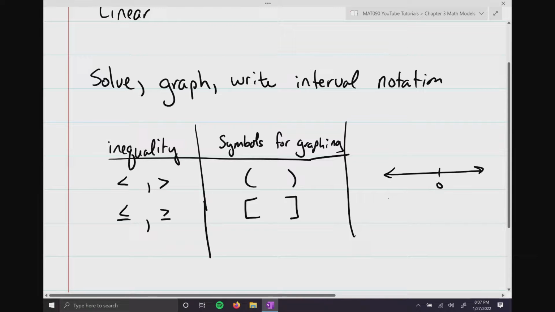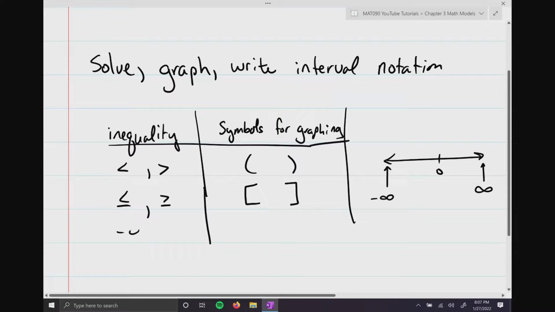If we shade the far left arrow, that means negative infinity. If we shade the far right arrow, that means positive infinity. Even though these are not inequality symbols, I'm going to include them down here. If we use negative infinity or positive infinity, we always use parentheses when writing out the interval notation.